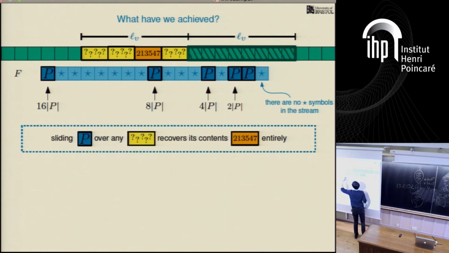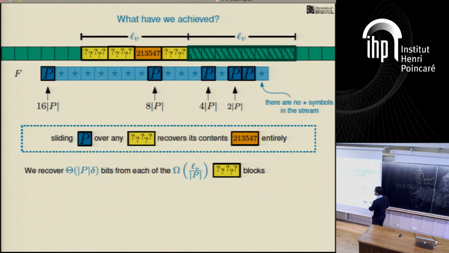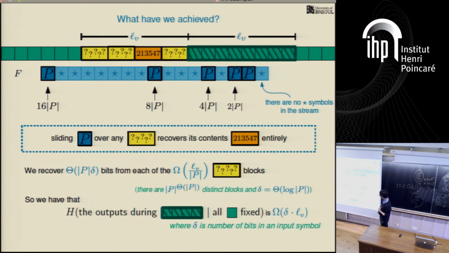We've inserted P at power of 2 positions, and because we can slide this over any one of these and recover its contents, we can recover P delta bits from each of these blocks in the second half, for each of the LV over P blocks, because there are P to the P distinct blocks, and delta is log P. So if we multiply these things together, the entropy of these outputs, conditioned on all this stuff being fixed, is indeed delta LV.